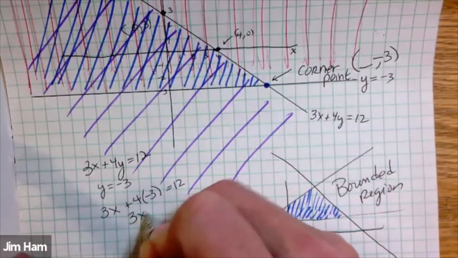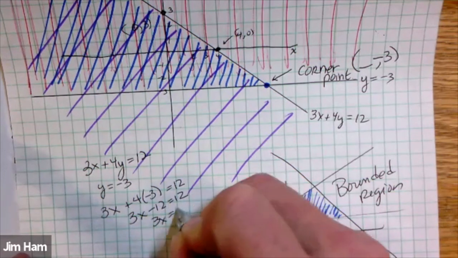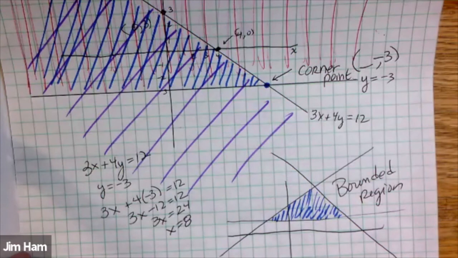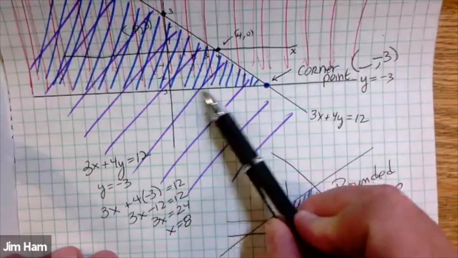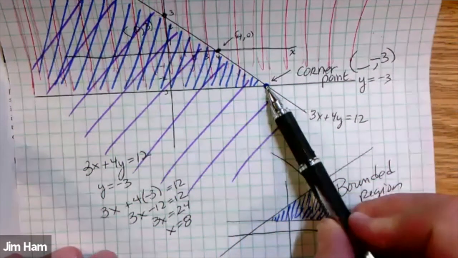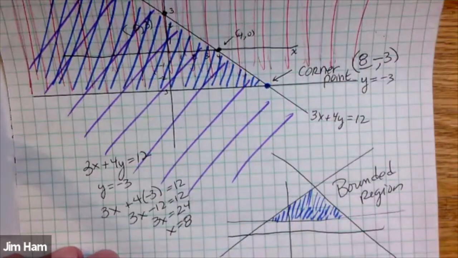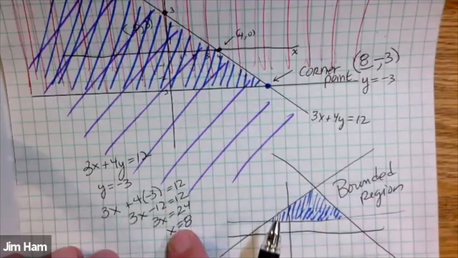This just involves a little algebra. And what you get should make sense. So that point right there, 1, 2, 3, 4, 5, 6, 7, 8. So the corner point is the point 8, -3. You can confirm it on the graph, and you can confirm it using algebra. So find the corner point.